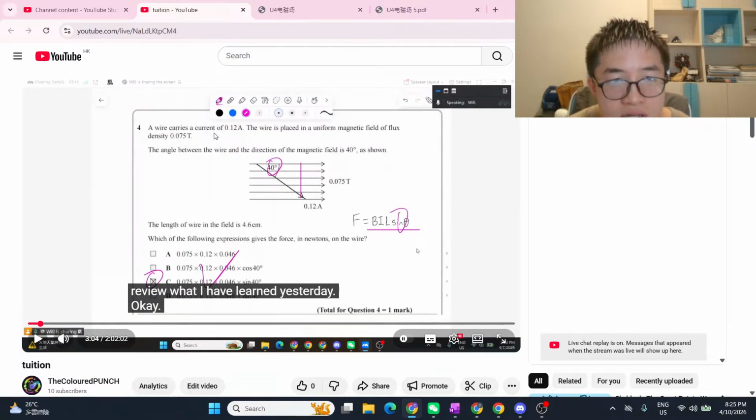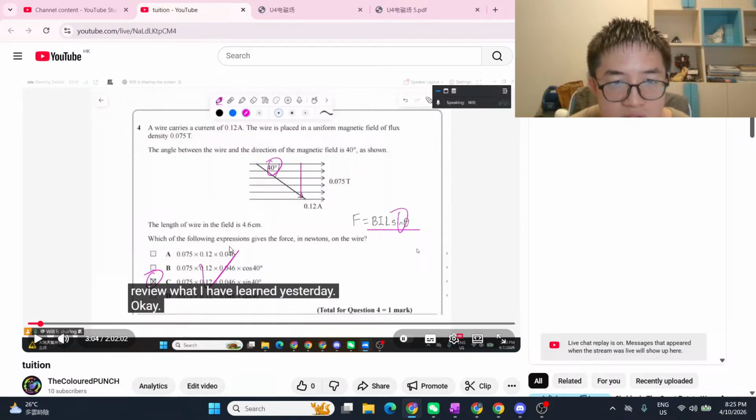A wire carries a current of 0.12 amp. The wire is placed in a uniform magnetic field of flux density 0.075. The angle between the wire and the direction of the magnetic field is 40 degrees as shown. So we're trying to find the component that is perpendicular to the magnetic flux. The length of the wire in the field is 4.6 centimeters.